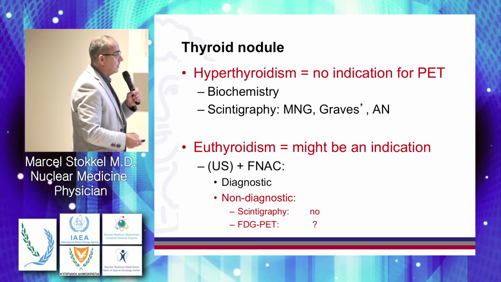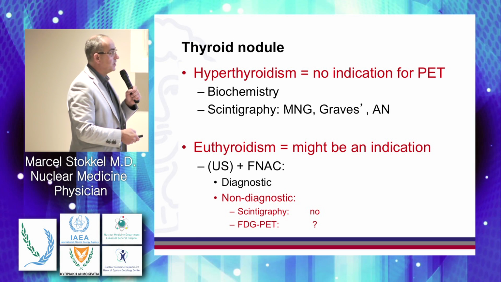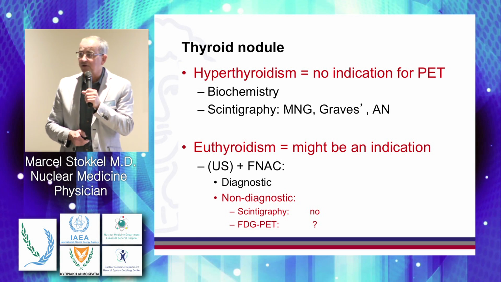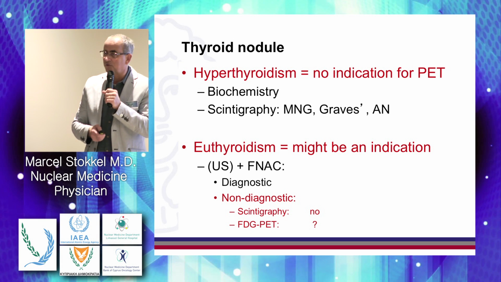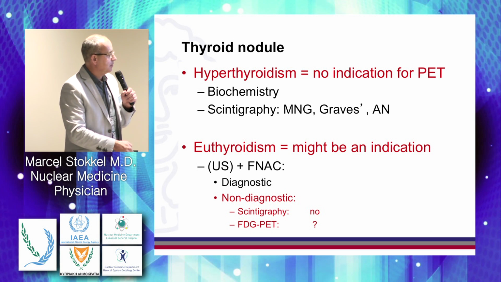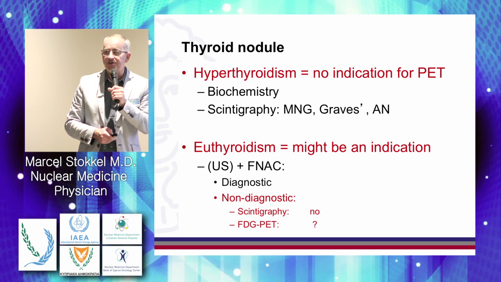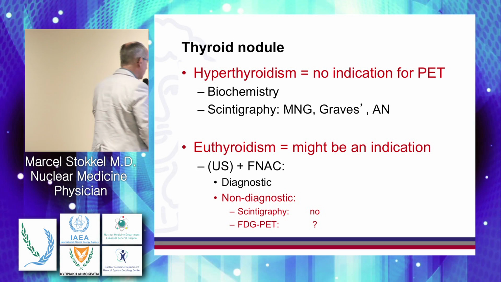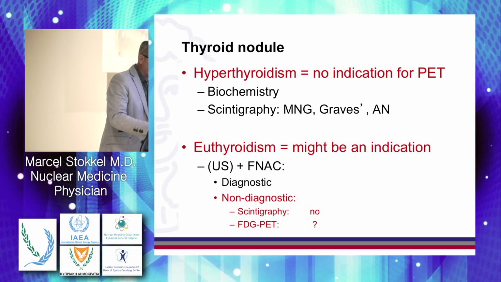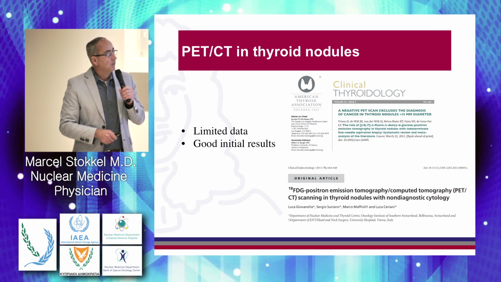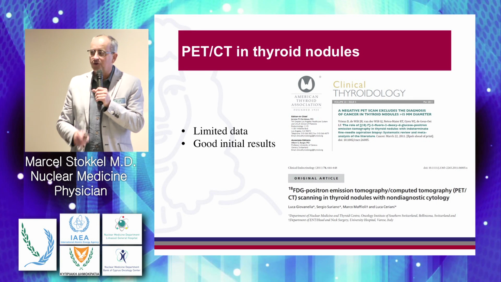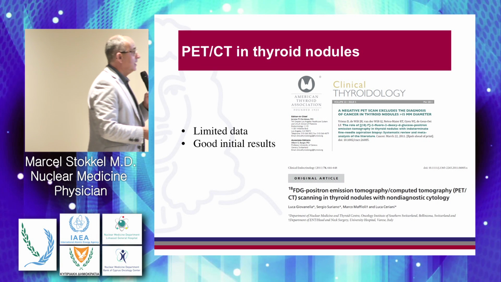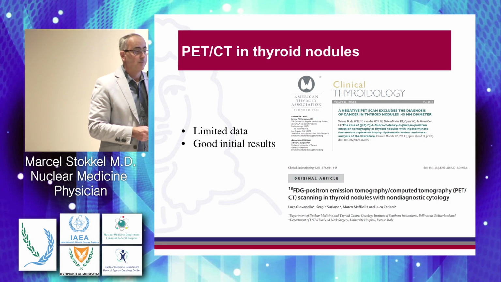In case of a non-hyperfunctioning nodule, there is no indication for scintigraphy, so don't do that in case of standard nodules. But the question is, is there a role for FDG PET scanning? And what do we know, and what have we learned from the data and literature? Well, first of all, it's highly important to realize that the data and literature on the role of FDG PET scanning in thyroid nodules is limited.